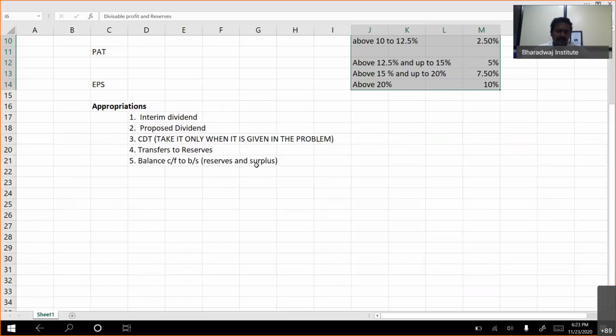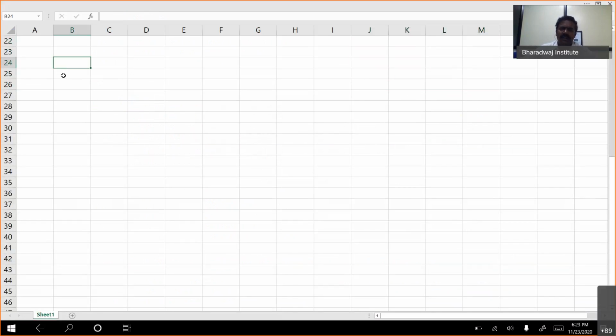Now, for the purpose of accounts, the type 1 question will be for 6 marks in the exam. The question is: what is the profit after tax? What is the EPS? What is the proposed dividend?